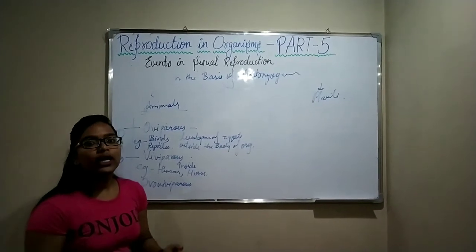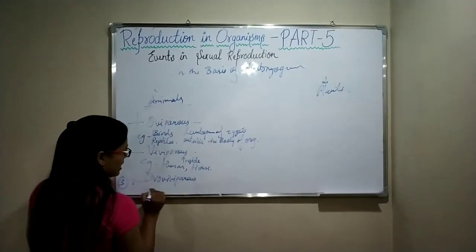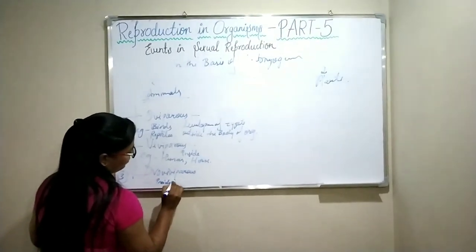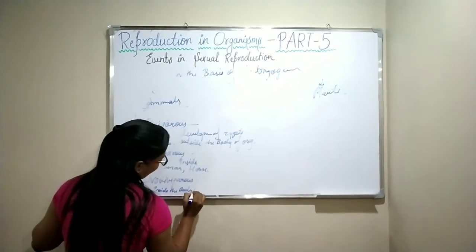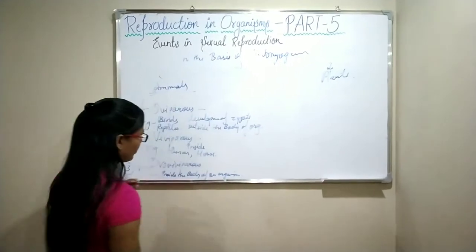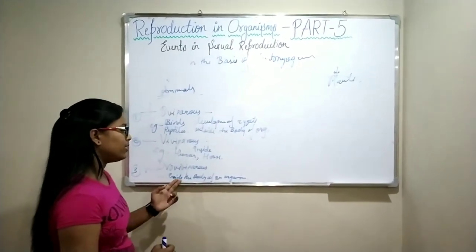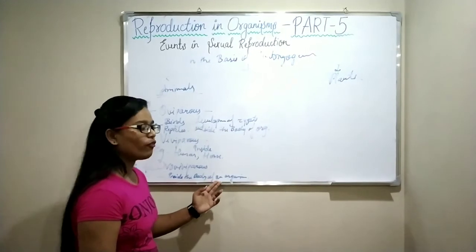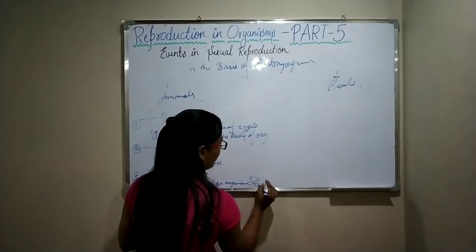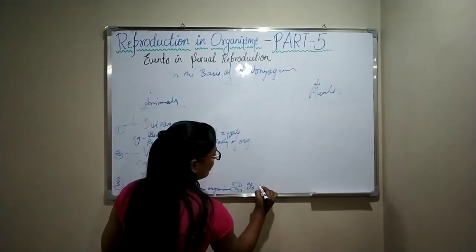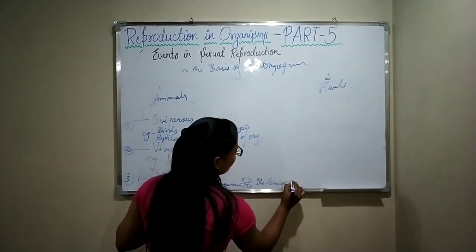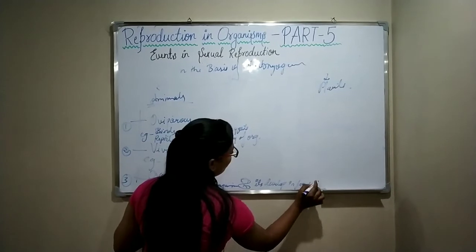Ovoviviparous is also development of the zygote inside the body of an organism, and it develops in the female only.